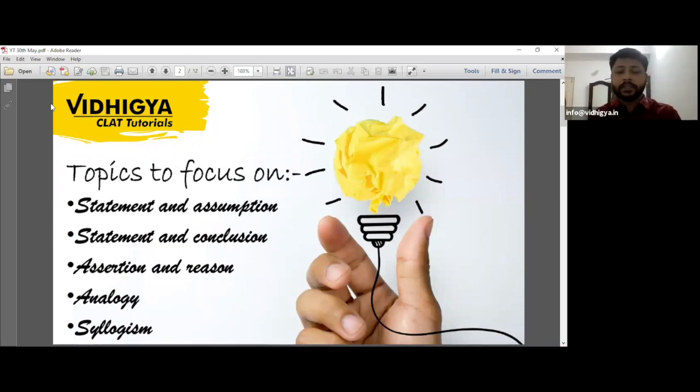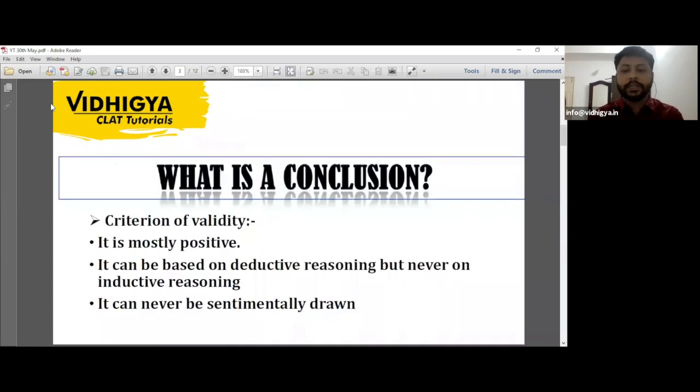We came up with the list of these topics: statement and assumptions, statement and conclusions, assertion and reason, analogy, and syllogisms. This was in the light of the CLAT examination. We are already done with statement and assumptions. Today we are here with the next session, which is on statement and conclusion. So without wasting much time, let us get directly to the agenda.